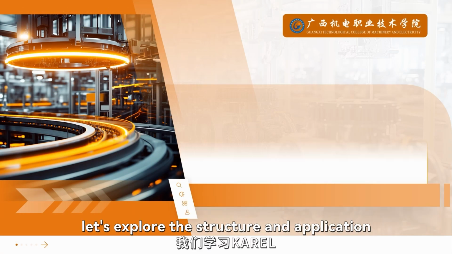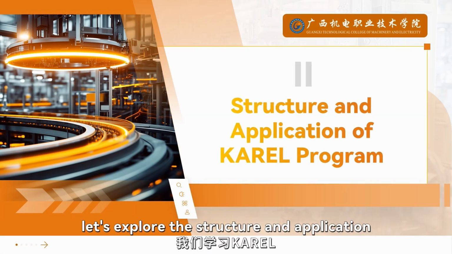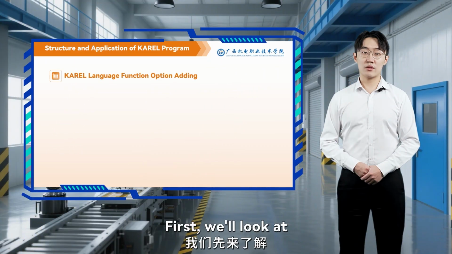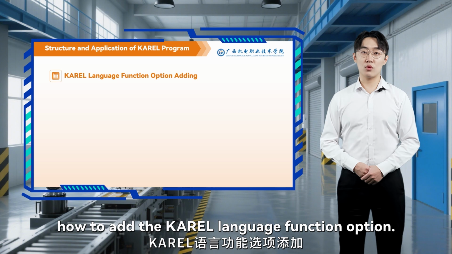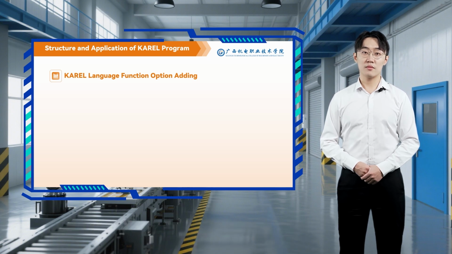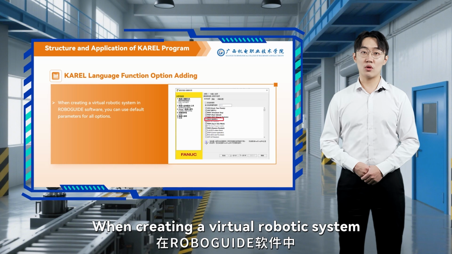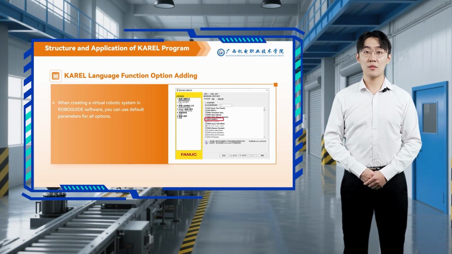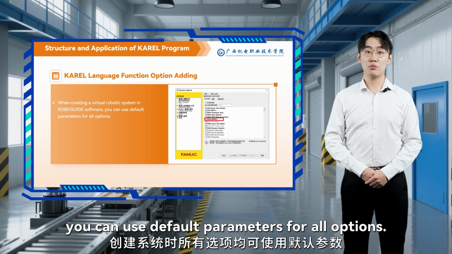Next, let's explore the structure and application of KAREL programs. First, we'll look at how to add the KAREL language function option. When creating a virtual robot system in ROBOGUIDE software, you can use default parameters for all options.